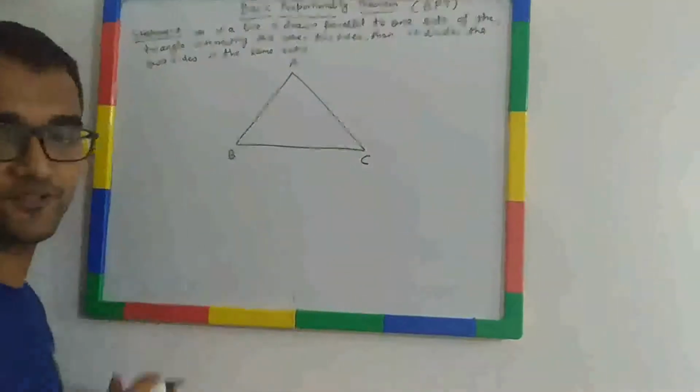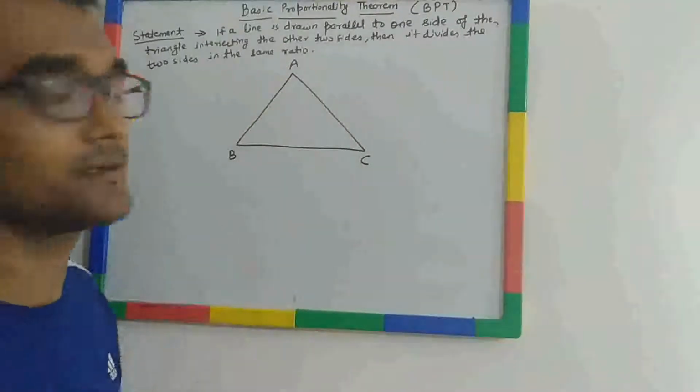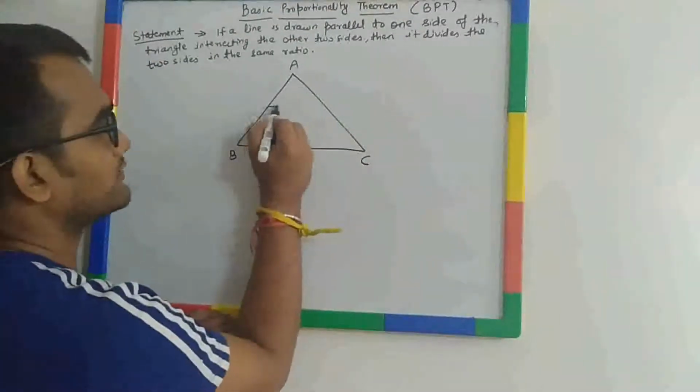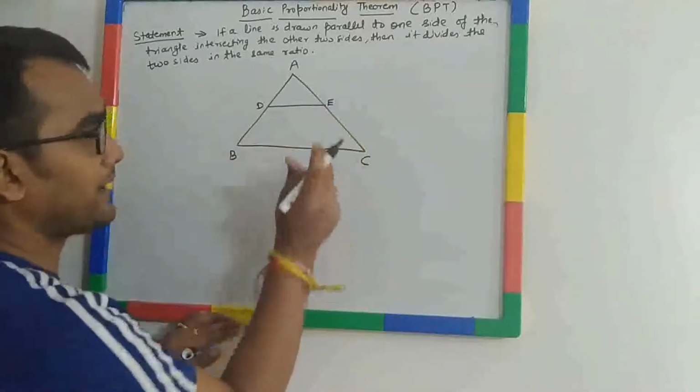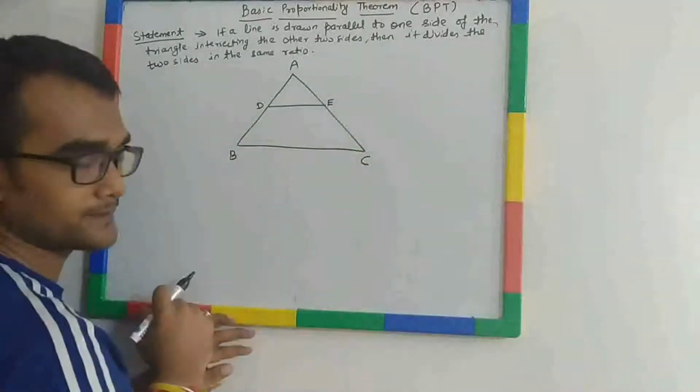Let there be a triangle ABC. I have drawn a line DE which is parallel to BC.